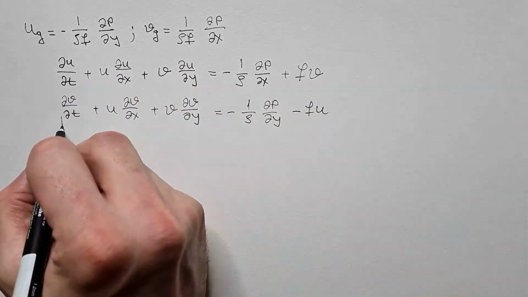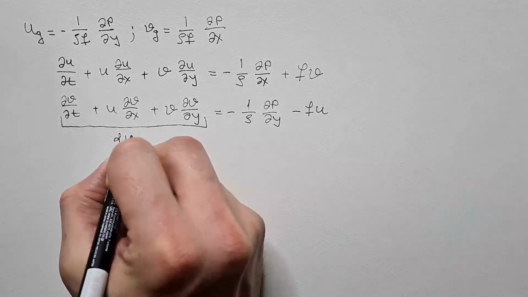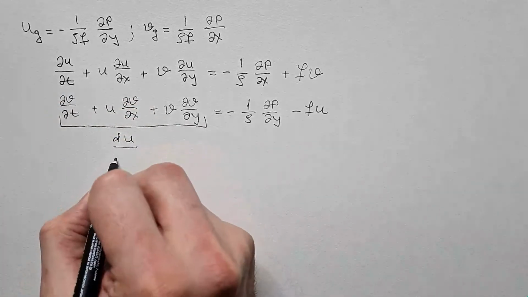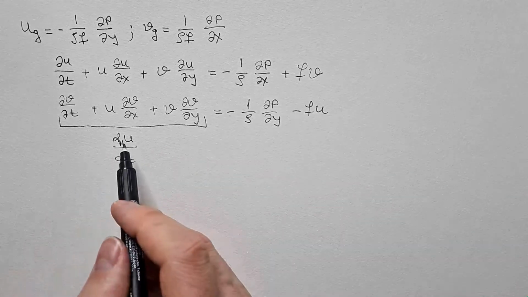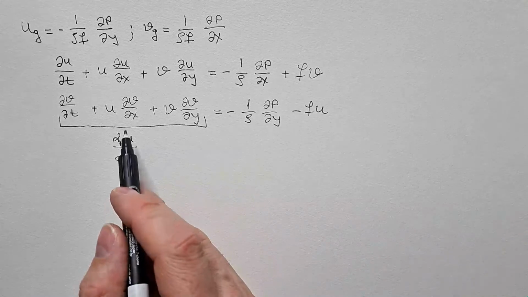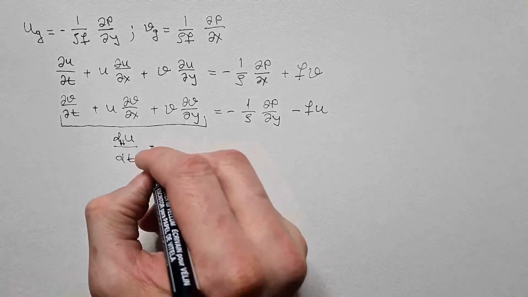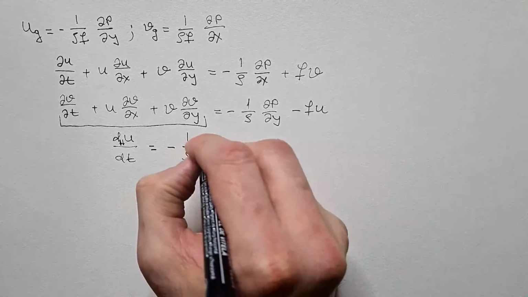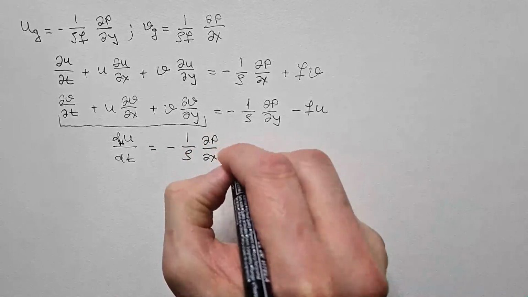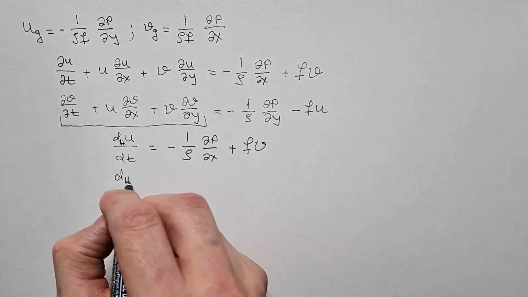Now I will notice that this can be written as the material or substantial derivative of u, but I will put an h to tell me that this is horizontal advection and there is no vertical advection. That will be minus 1 over rho ∂p/∂x plus f v, and in the case of the second equation, d_h v over dt.